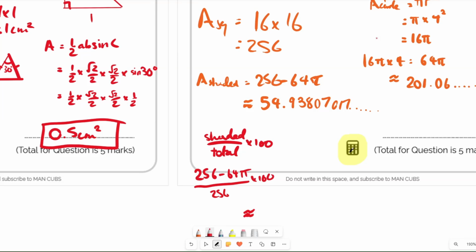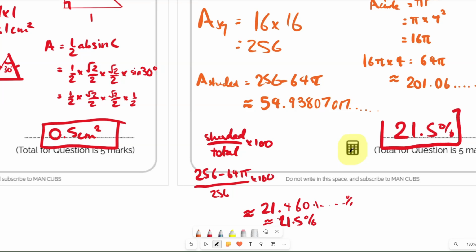And that is going to be around 21.4601%. And that is approximately 21.5%. Like so. Nice box. There we go. Lovely stuff.